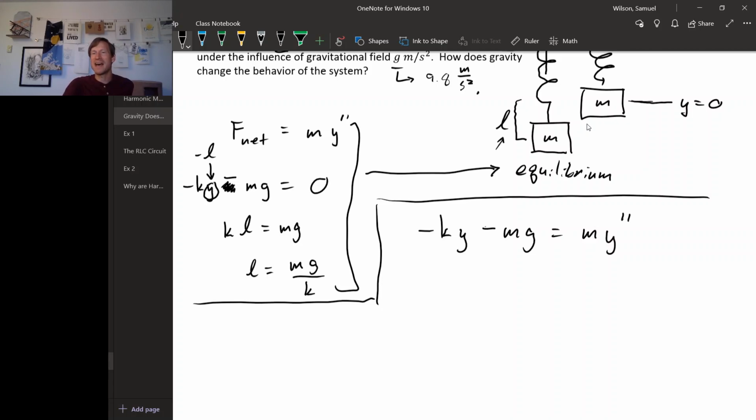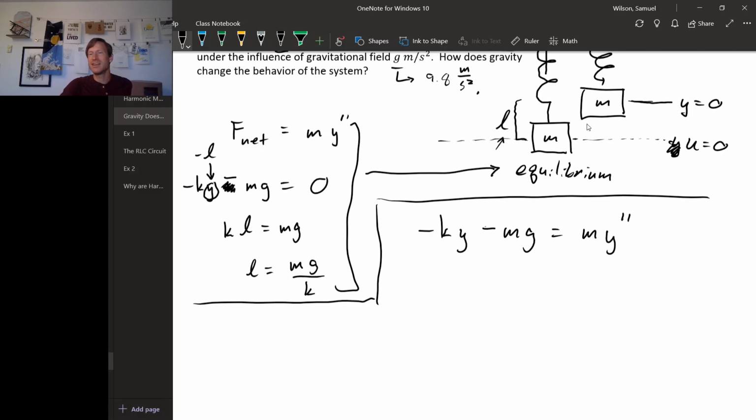If you think about a mass hanging from a spring in the presence of gravity, it seems as if the equilibrium position is the natural length of the spring. So what we're going to do is call this position 0. We can't call it y equals 0, because y already means the unstretched length of the spring, so we have to pick a new variable, call this u.